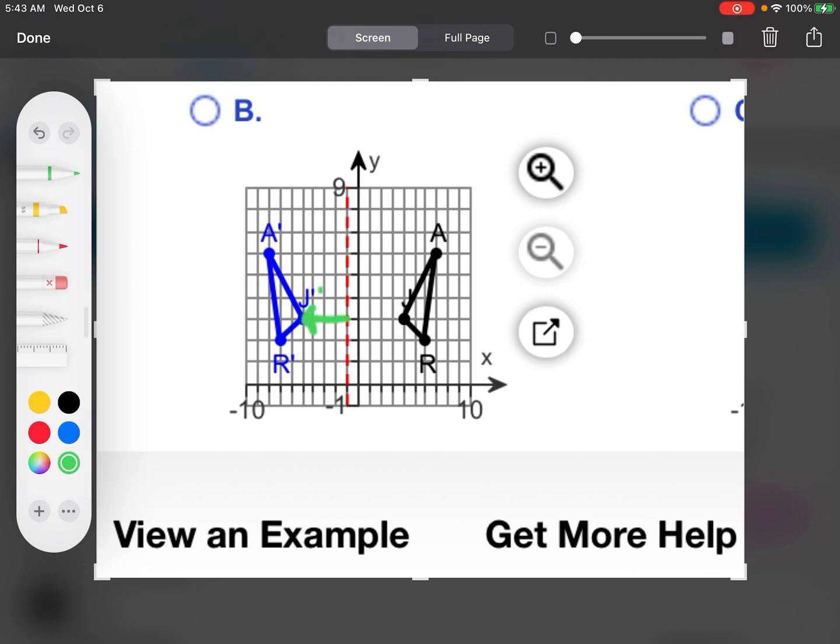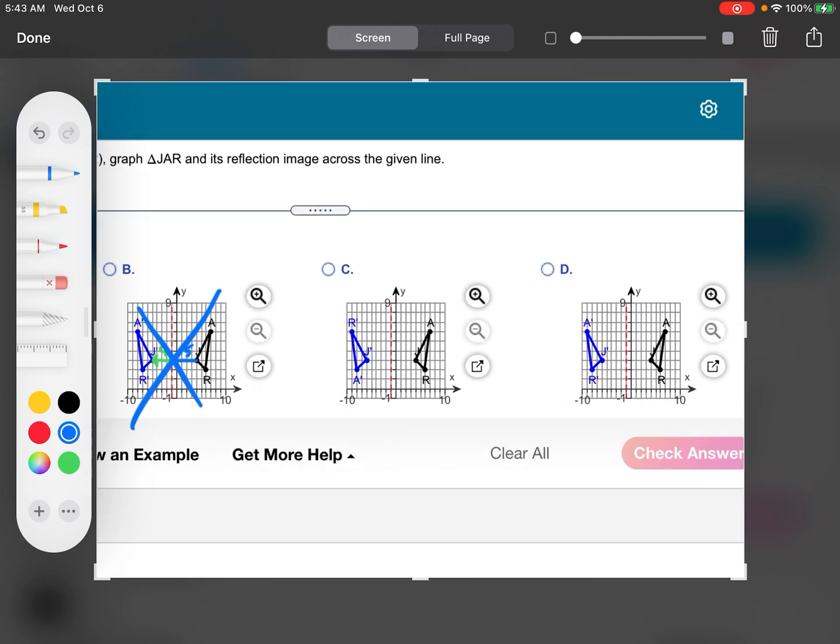J prime, I mean. This is 4 units from the line of reflection. And remember, the line of reflection is the red one now, not the y-axis. And then J is 1, 2, 3, 4, 5 units. So they're not equidistant from the line of reflection. So this couldn't have been the correct reflection.